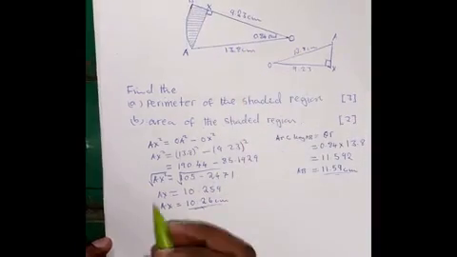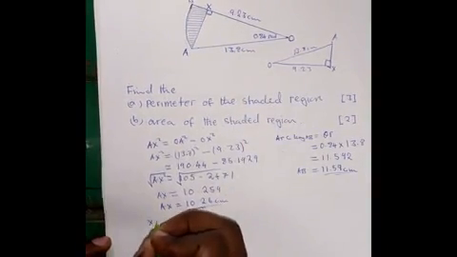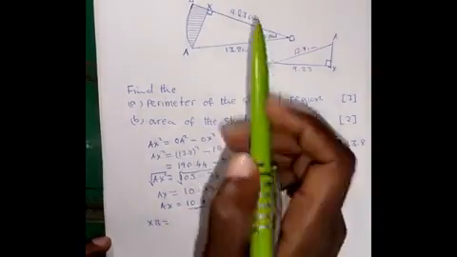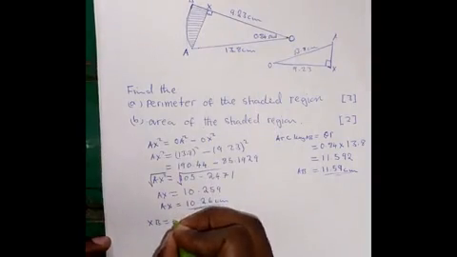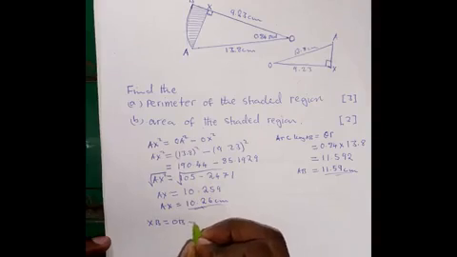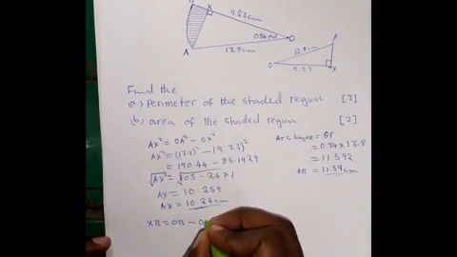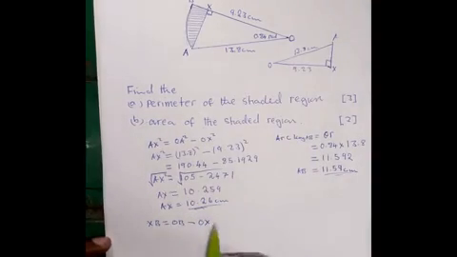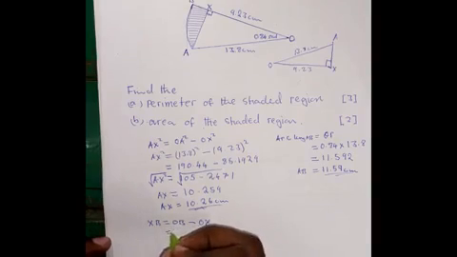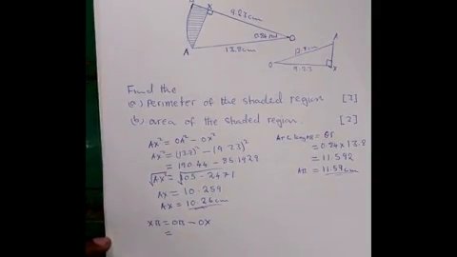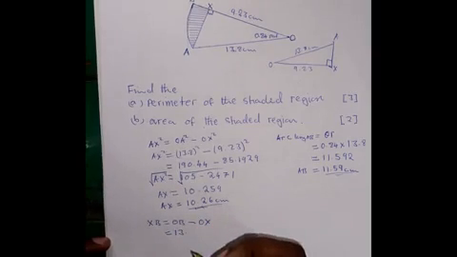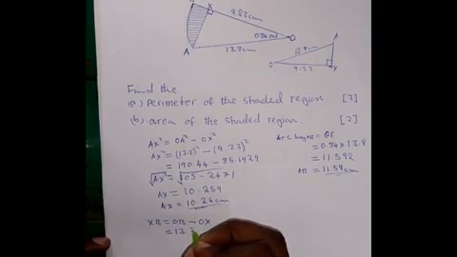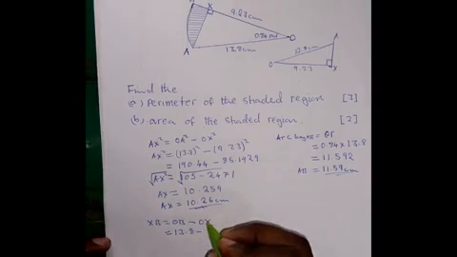So for us to take this one, we'll say XB is equal to, so now for us to find XB, we know that we have OB minus OX, because we know that OB is 13.8, then minus OX is 9.23.